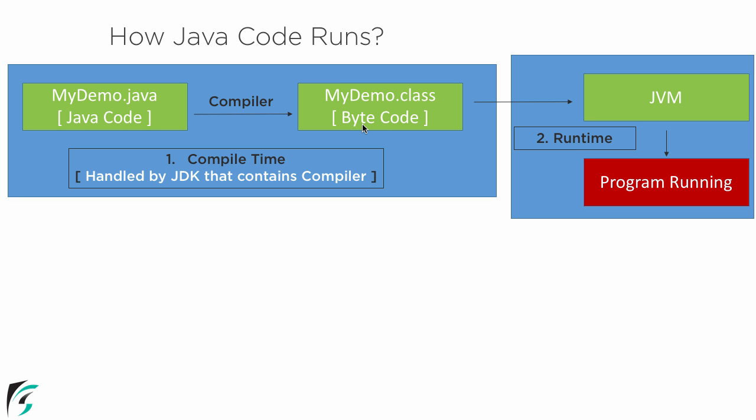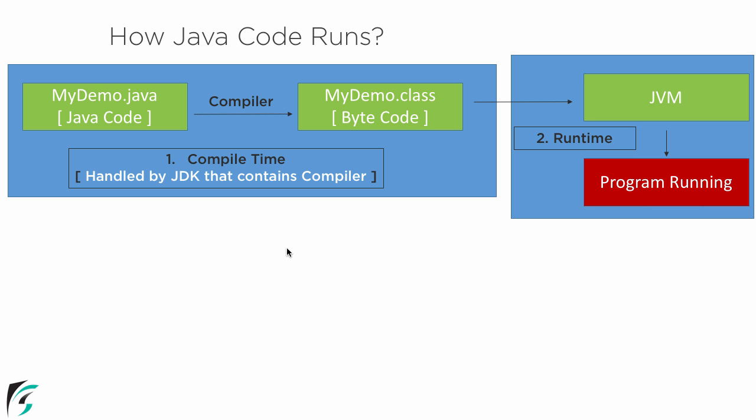This bytecode is stored inside a file which has the extension .class. So here I have mydemo.java and here I have mydemo.class that contains the bytecode, which is the more refined form of the code, understandable by the Java virtual machine. The Java virtual machine, with the help of some other libraries, makes your code execute, and hence your program is now up and running.